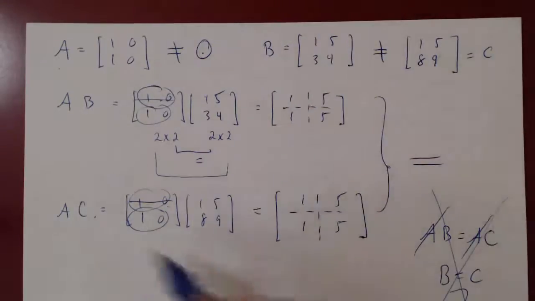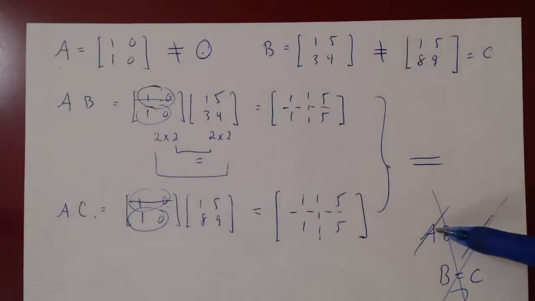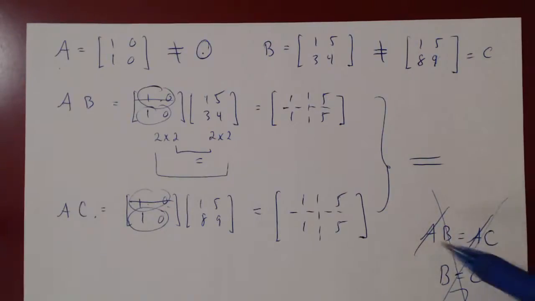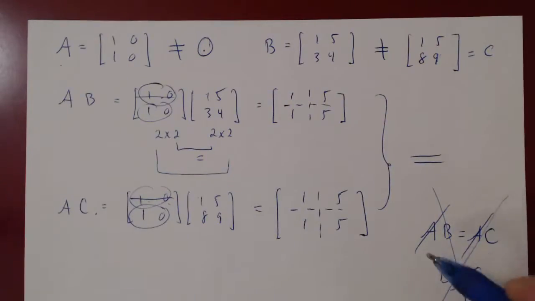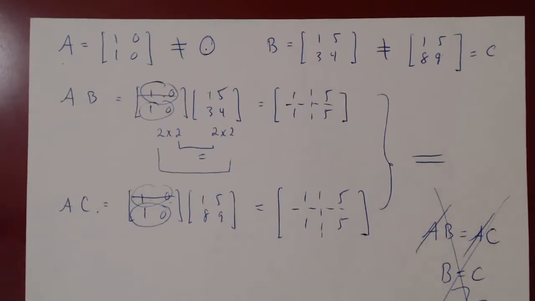And this is a beautiful example of this statement. We will very shortly see what it takes for a matrix to allow us to cancel it from a multiplication. But right now this is a big no-no. It's not because AB equals AC that you can automatically say that B equals C. So keep that in mind. And that's it.